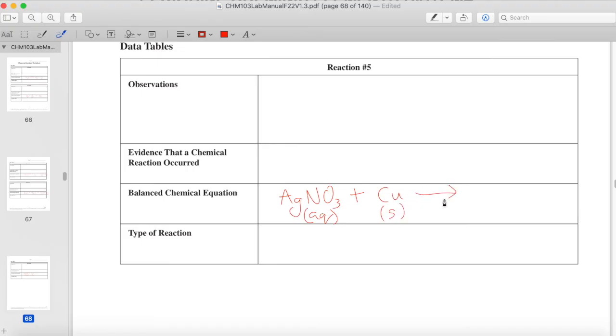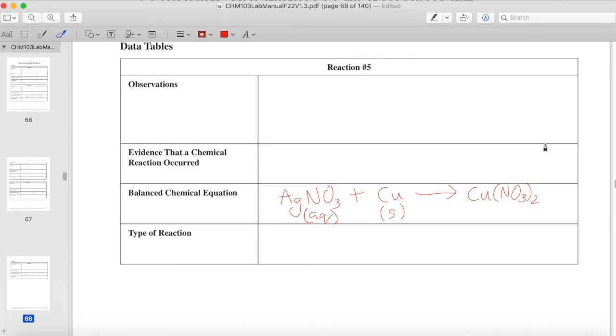Now, when we do this reaction, we notice the solution getting slightly bluer. That's because we are making some copper 2 nitrate as our byproduct. The formula of copper 2 nitrate is Cu(NO3)2, because the Roman numeral 2 means copper has a 2+ charge, and since nitrate has a -1 charge, you're going to need 2 of those to balance this out.